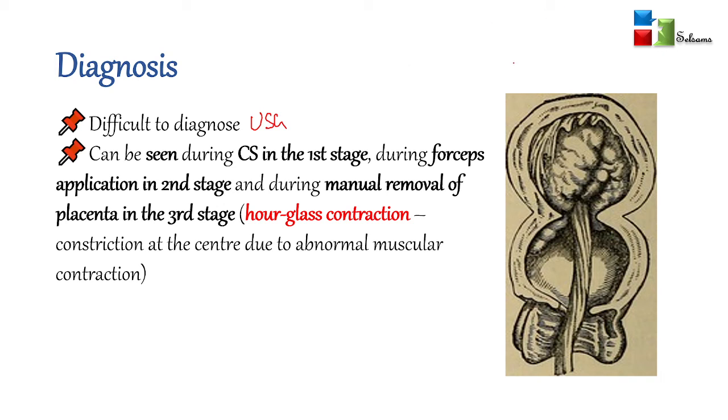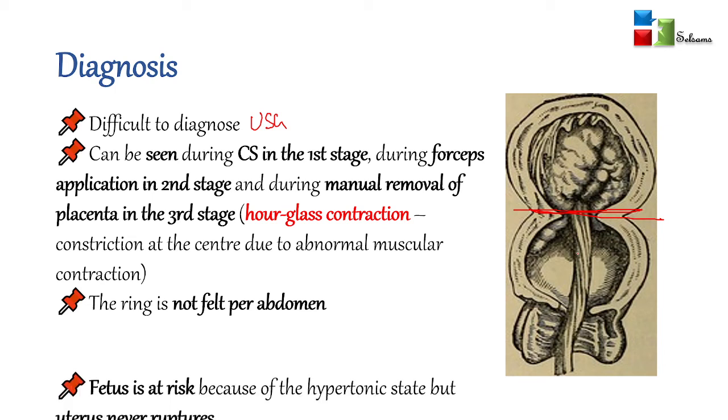You could find this hourglass contraction, which means a constriction ring is formed at the center due to abnormal muscular contraction. The ring is not felt per abdomen. That is why it is very difficult for us to identify.